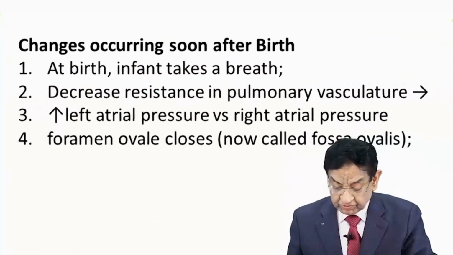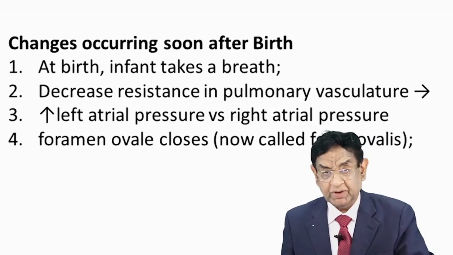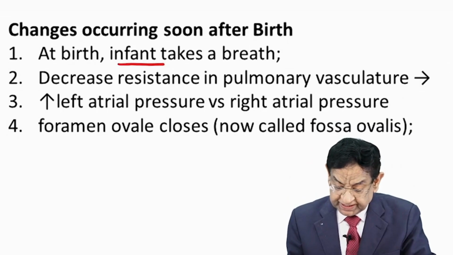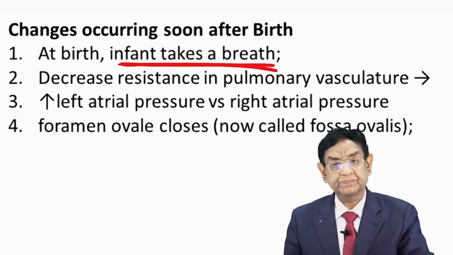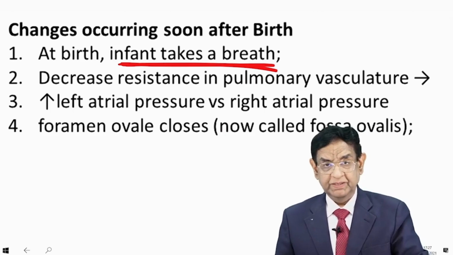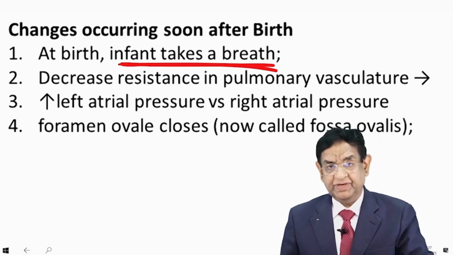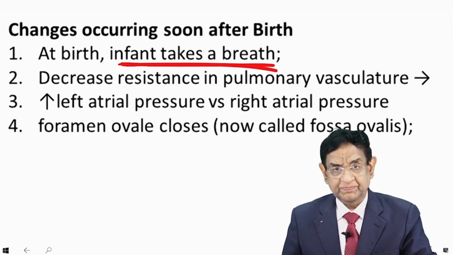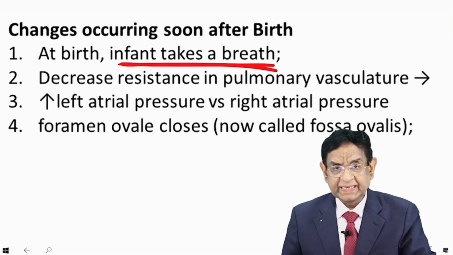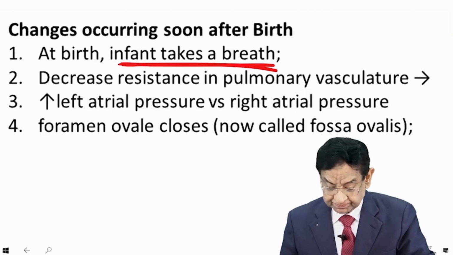Now, changes occurring soon after birth, a good amount of thing we learned. Let's see. Once the birth happens, the infant takes a breath. We all have done postings in the labor room, or if not, at least we have seen a picture, that when the child is born, he cries and he starts taking breath.